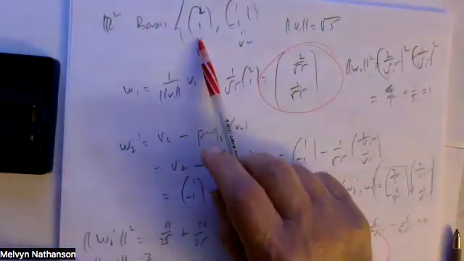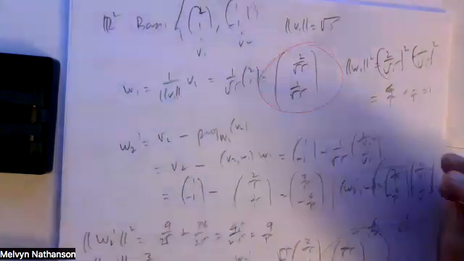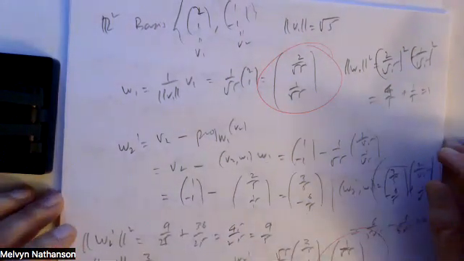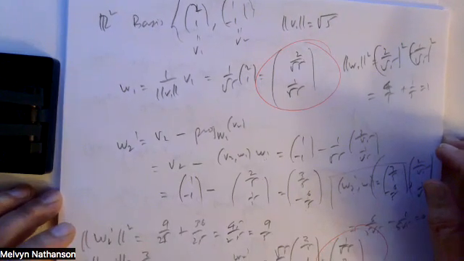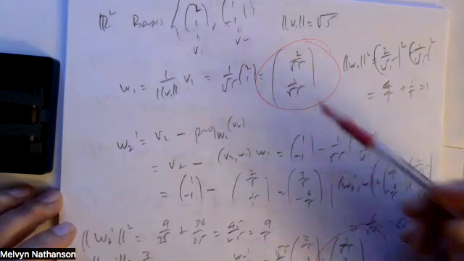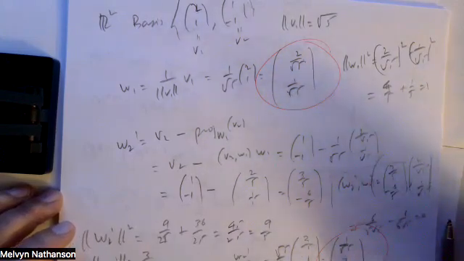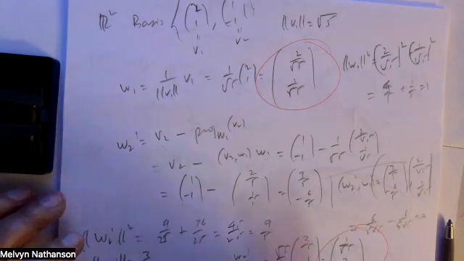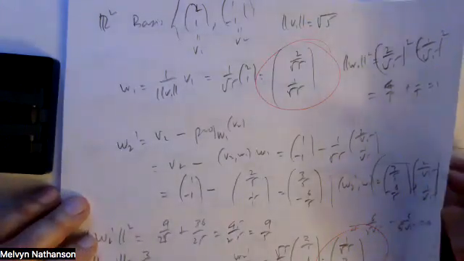So I started with the basis (2, 1) and (1, -1), and using the Gram-Schmidt orthonormalization process, or algorithm, I constructed the orthonormal basis with these coordinates. This and this. So that's Gram-Schmidt.